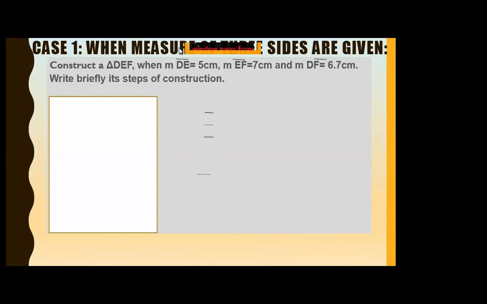But before making a proper diagram, what we have to do? Raise your hand and give me the answer. Before making a proper construction, what we have to do? Yes, Asya. What we have to do first before making a proper construction? Rough construction.